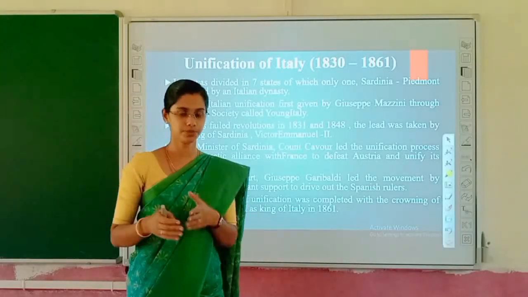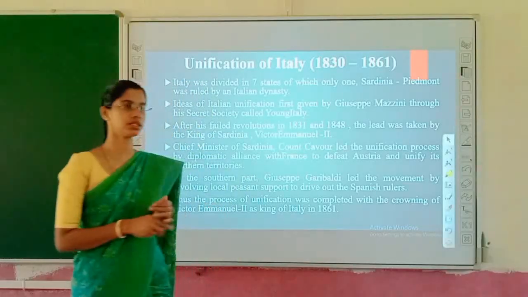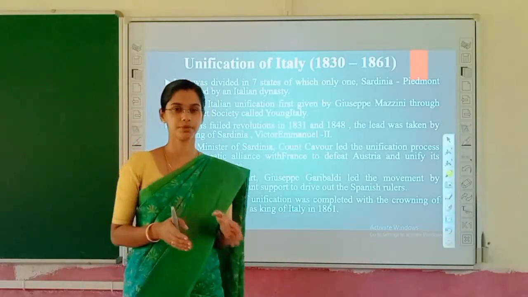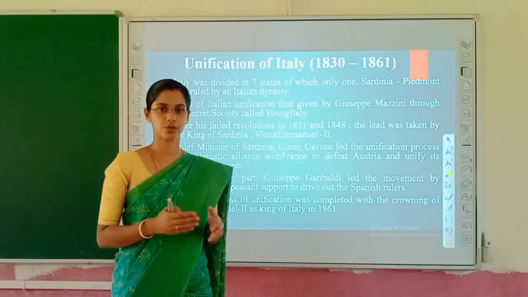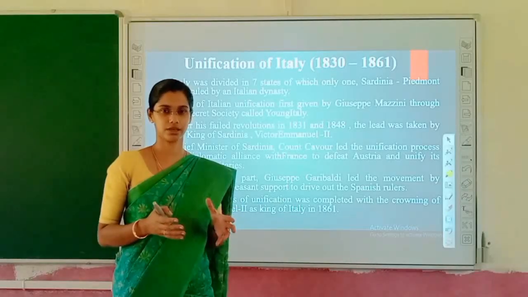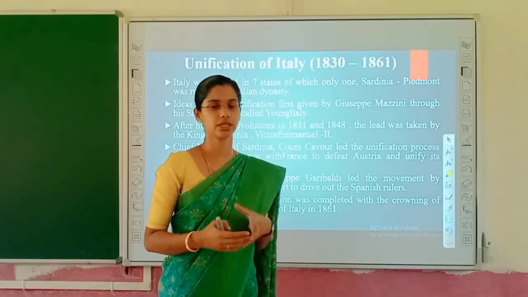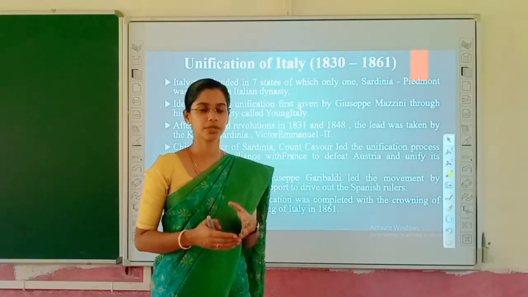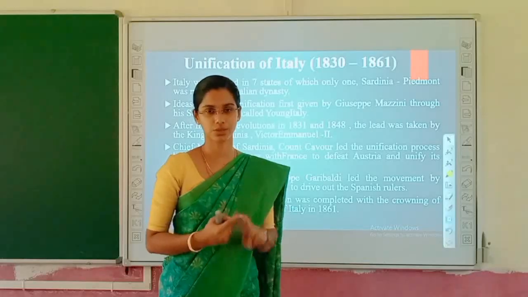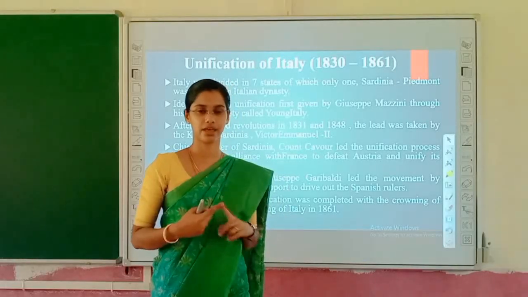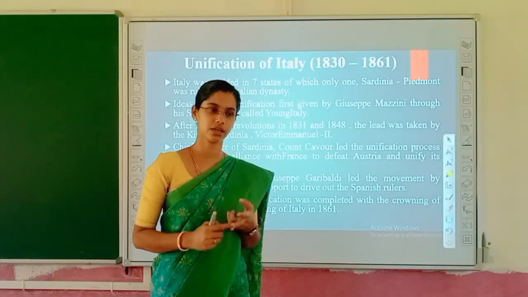That's the unification process. During the 1830s, Giuseppe Mazzini, whom we have already studied in the case of the French Revolution, tried to unite Italy, and he formed two secret societies. The first one was Young Italy, and the second one was Young Europe.